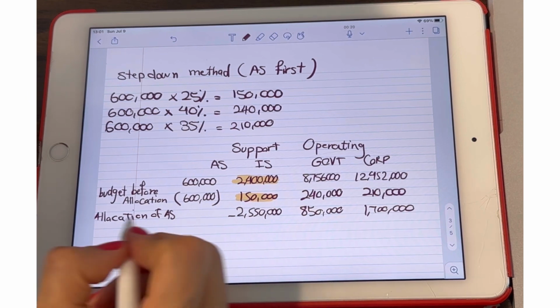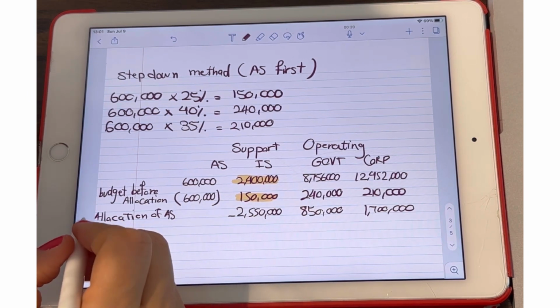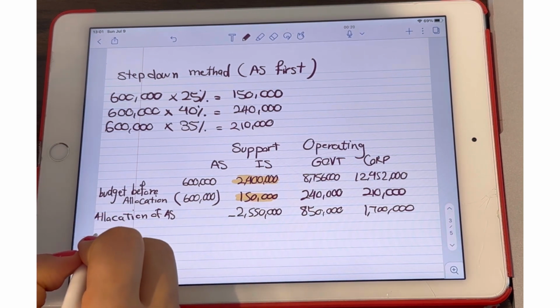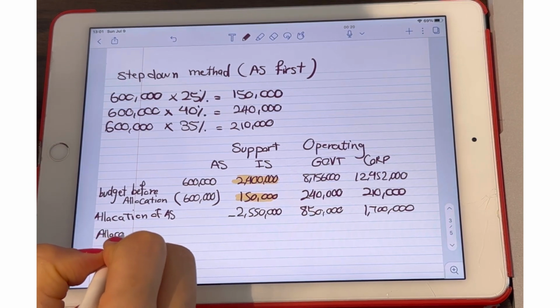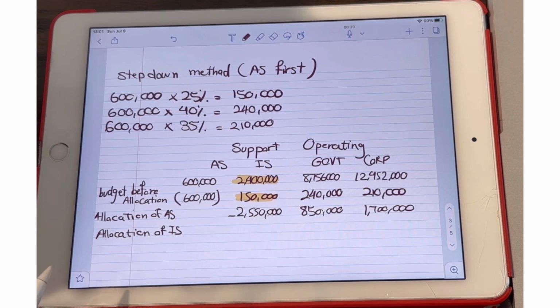So we should allocate all the support costs to the government and corporation. That's why if, for example, we add something under AS or IS, we should add them up and then do the allocation.